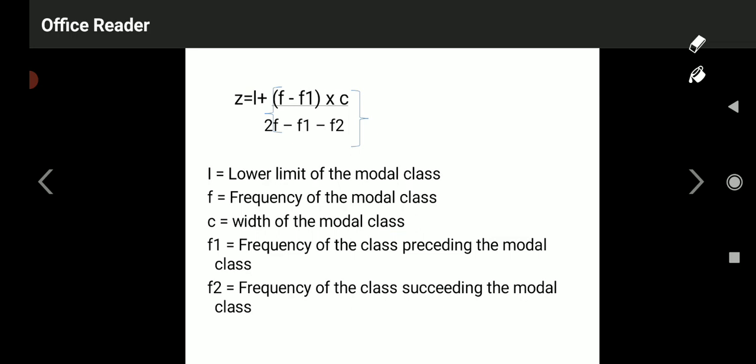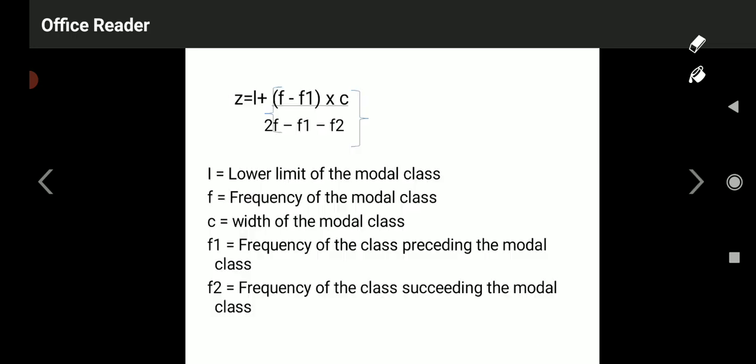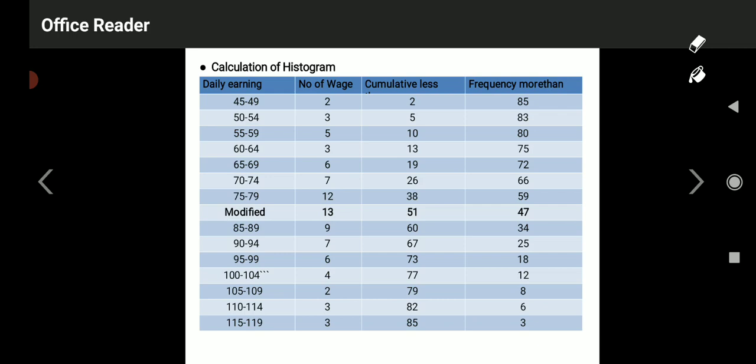And f2 is the frequency of the class succeeding the modal class, the frequency which lies after the modal class. Suppose for example the preceding frequency is 12 and the succeeding frequency is 9.